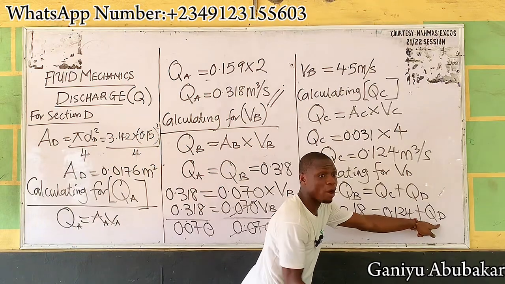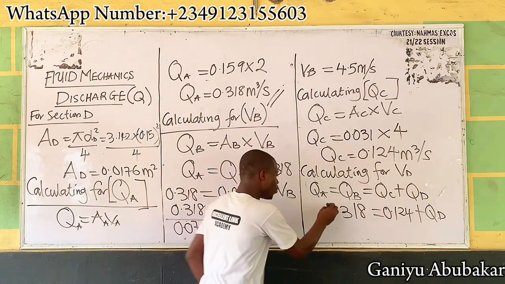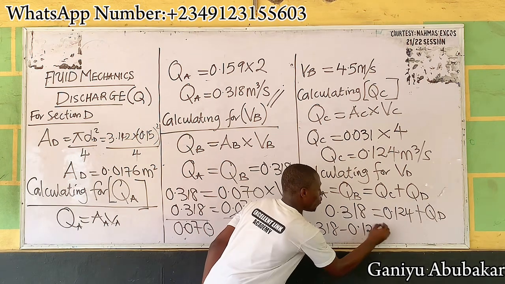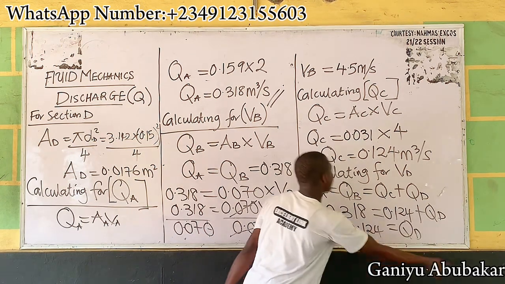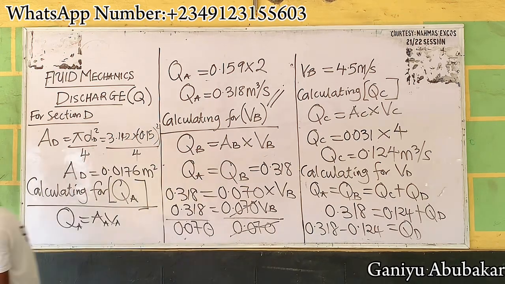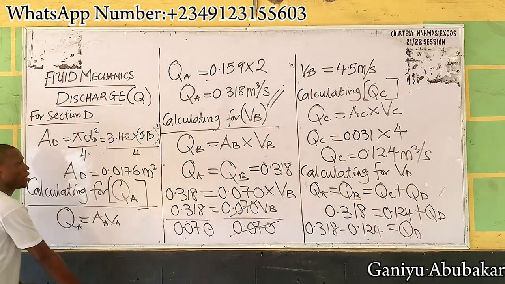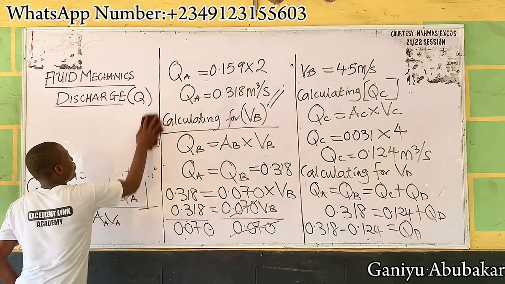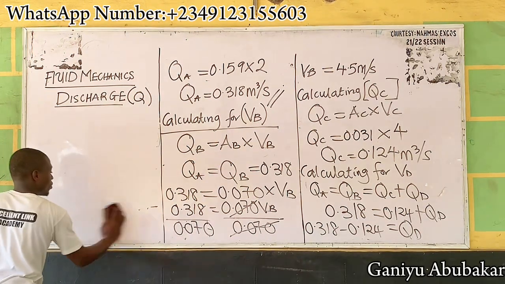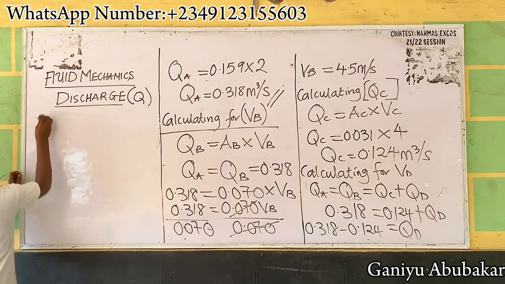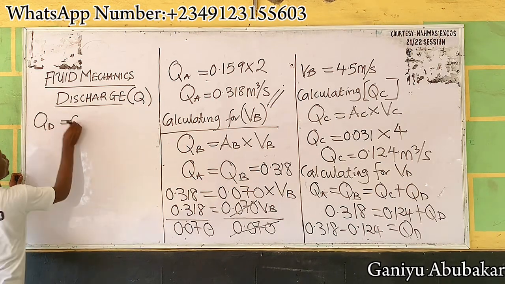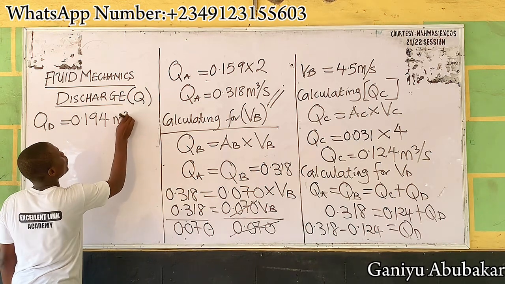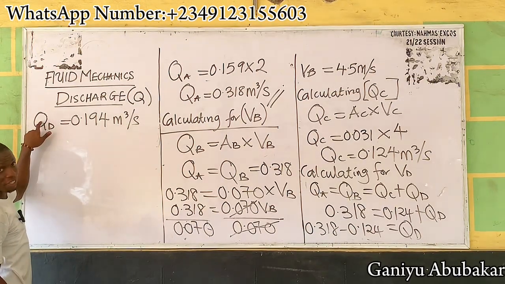Let's get QD. How? 0.318 minus 0.124. What's QD? QD is 0.194 meter cube per second, discharge.